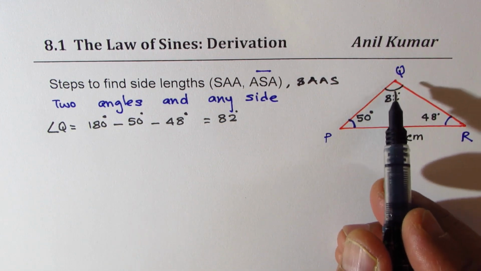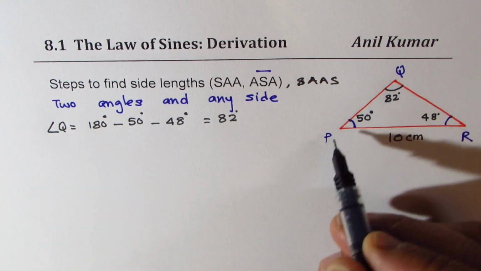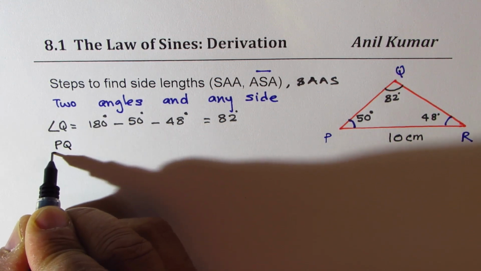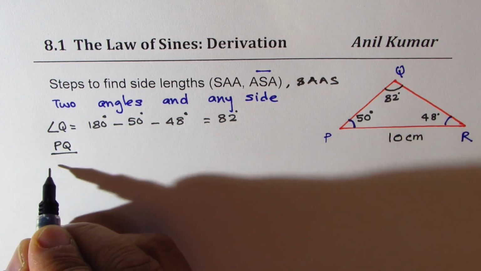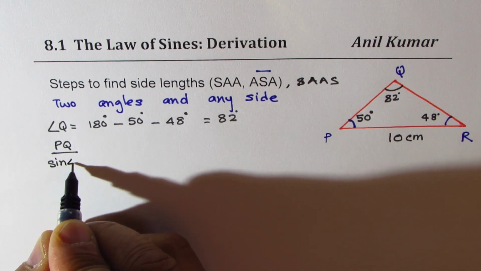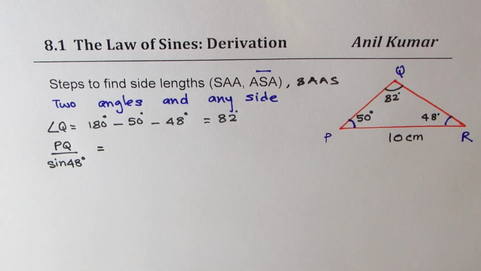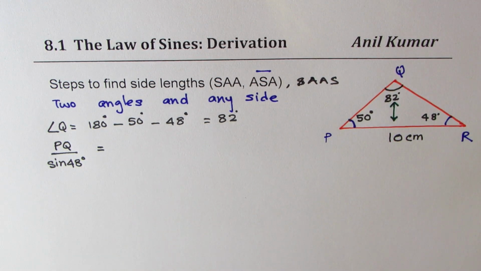So how do we find the other sides? We use the sine law. If I need to find PQ, then I'll write it as PQ over the angle opposite to PQ, which is 48 degrees, which is sine of 48 degrees. Now that should be equated to the known combination. And this is a known combination, a combination of angle with opposite side length.